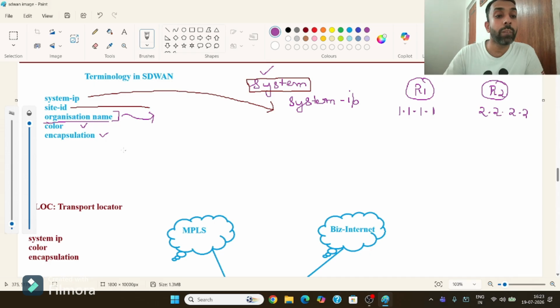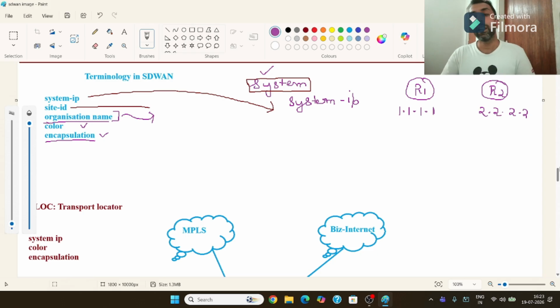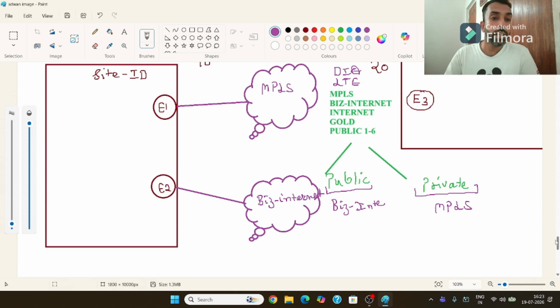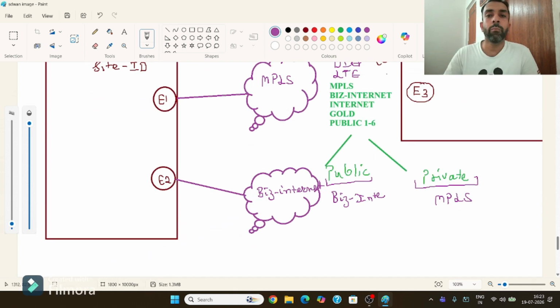The next terminology which is used in SD-WAN is encapsulation. While configuring the physical tunnel interface, or transport interface, of your router, for example, E1's physical interface is ETH1, Ethernet 1 interface.